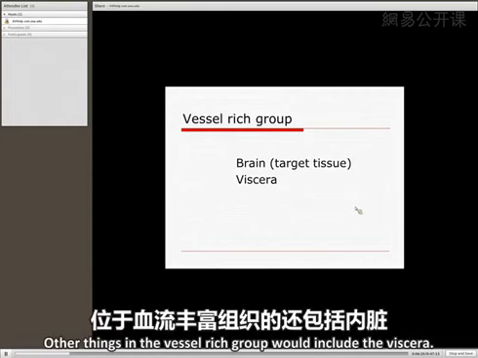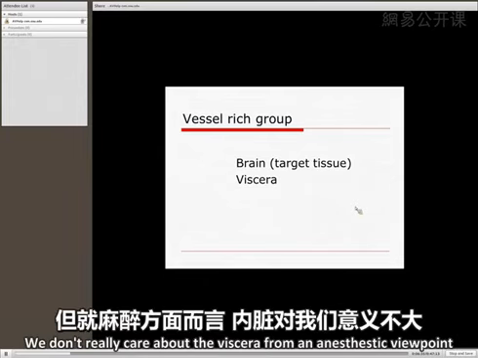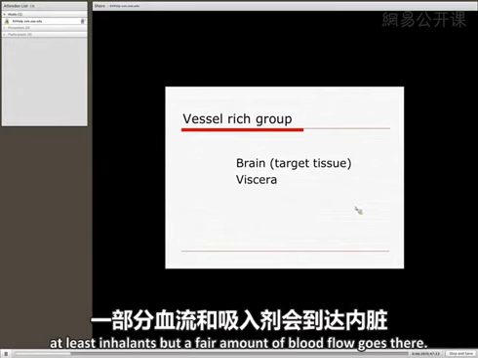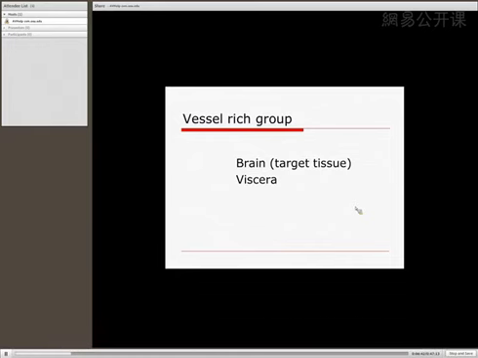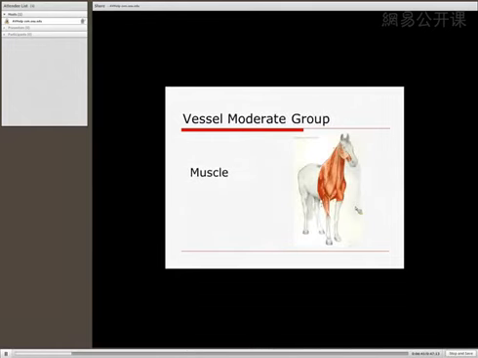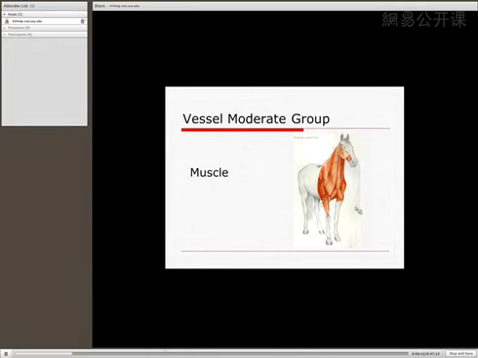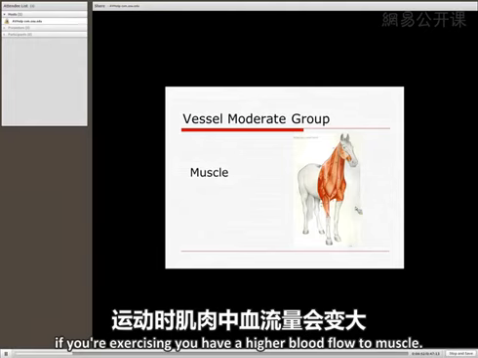Other things in the vessel-rich group would include the viscera. We don't really care about the viscera from an anesthetic viewpoint, at least the inhalants, but a fair amount of blood flow goes there. The vessel-moderate group is primarily made up of muscle. Depending on the body state, if you're exercising, you have a higher blood flow to muscle.